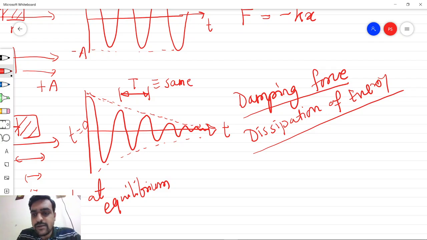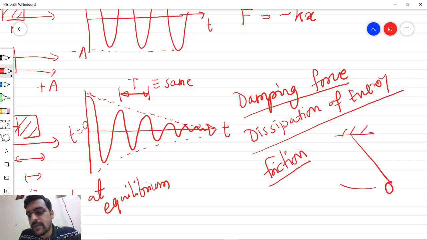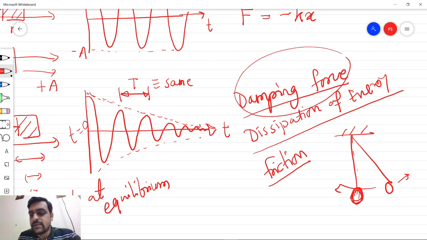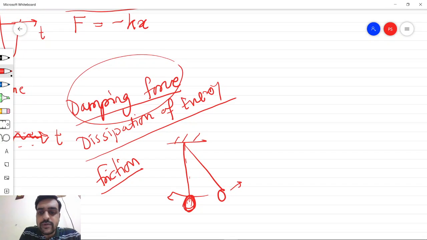One such case of damping force can be friction. If we oscillate a pendulum in air, we see that eventually the oscillations stop and the pendulum comes to rest at the equilibrium position. So even this type of motion is due to the damping forces existing in this system. The typical nature of a damping force for this case is that F is proportional to the speed.